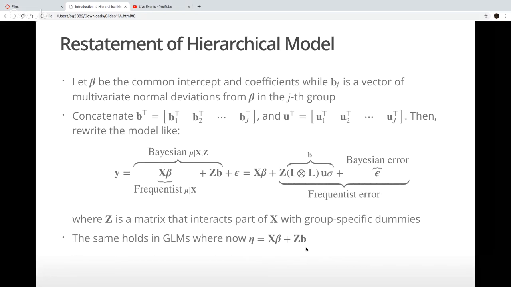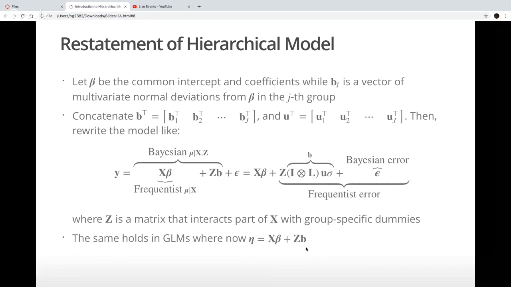Consequently, from a Bayesian perspective, conditional on X and Z, we're assuming the counties or whatever are conditionally independent. Whereas from a frequentist perspective, conditional on X only, the common predictors and the common coefficients, the counties are not conditionally independent because this Z times B business is correlated across counties.